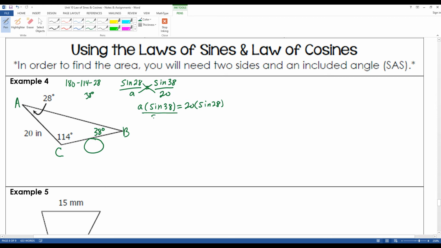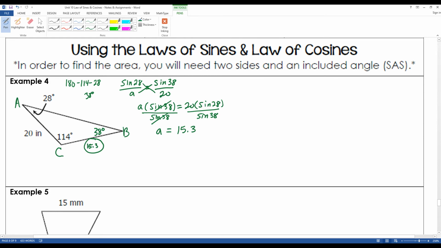We divide by the sine of 38, so those reduce. So A is going to equal 20 times the sine of 28, divided by sine of 38. So I think that comes out to be 15.3. So I'm going to write that over here, 15.3.